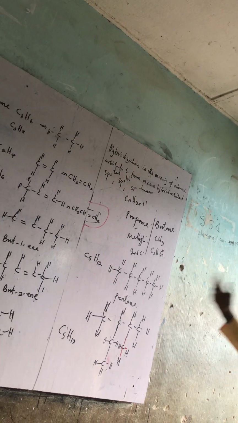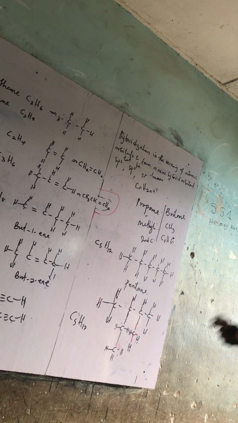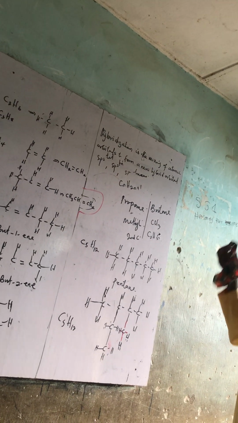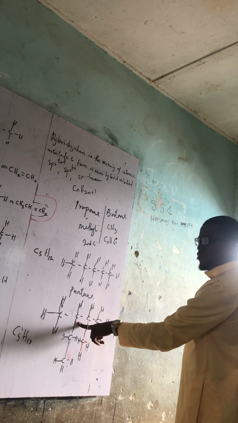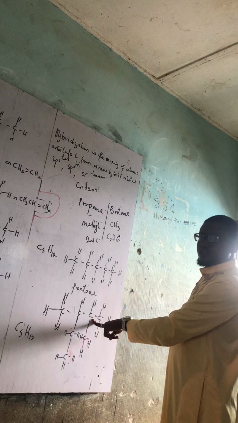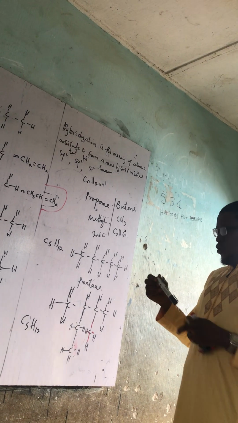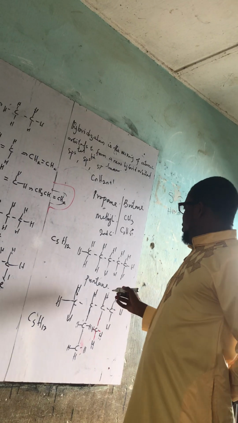Now, how do we go about naming this? I am going to count from here. This one is on the second carbon, this one is on the third carbon. Now we follow the alphabet.